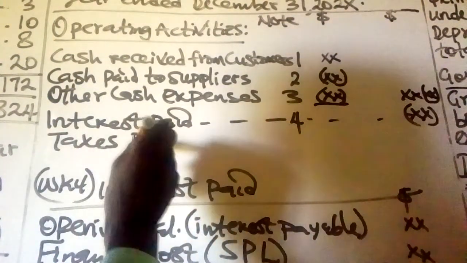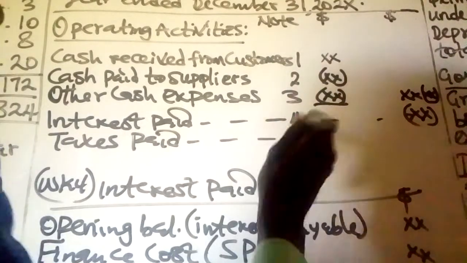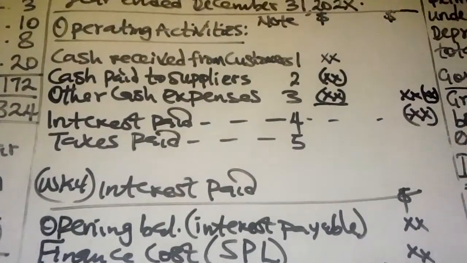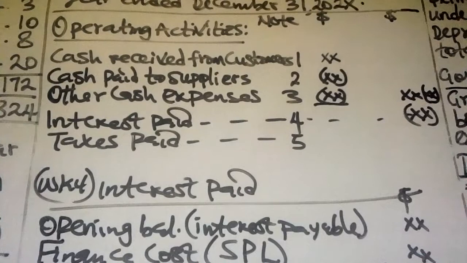Then the next item is taxes paid. That is note 5. Your tax information will be obtained from the statement of financial position under current liability and under non-current liability. Under current liability, you have income tax payable there.